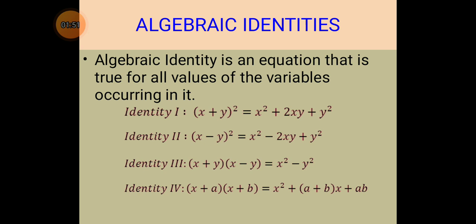Rather, the meaning of x plus y whole square is any binomial with plus sign in between. If it is multiplied by itself, then the product will have three terms, where the first term is the square of first term, second term is plus of twice the product of both the terms, and third term is the square of second term.